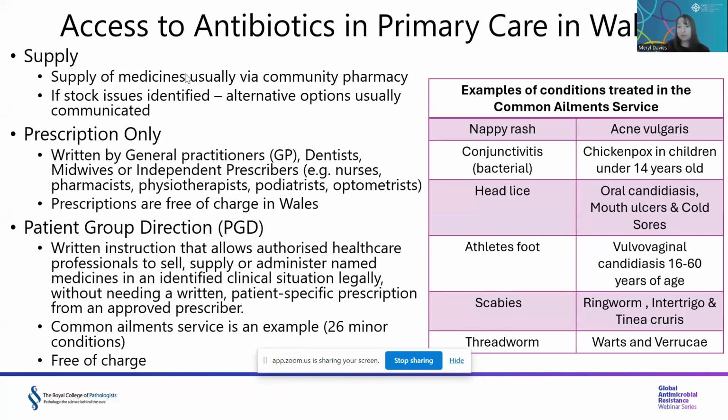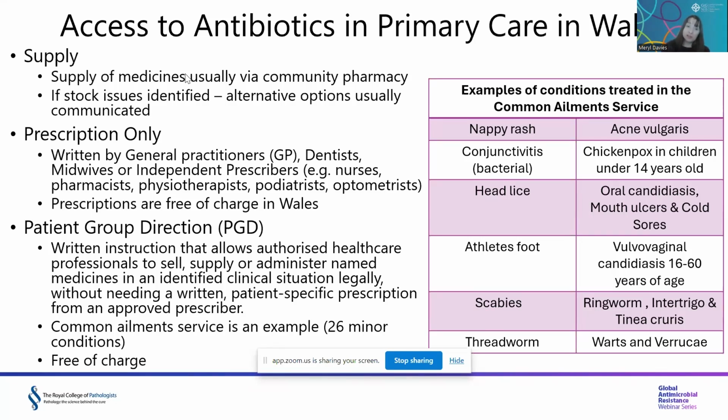So if there's a problem with a certain antibiotic, a serious shortage protocol is issued, and that allows the community pharmacist to switch that antibiotic to another antibiotic recommended within that protocol if there's a shortage of that specific antibiotic.